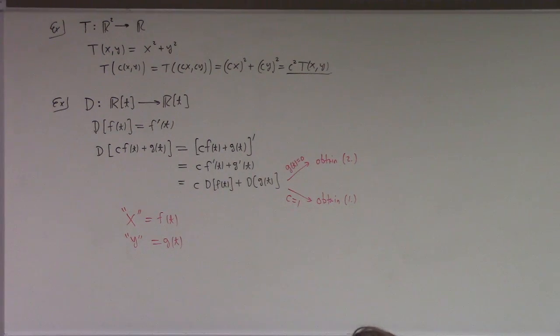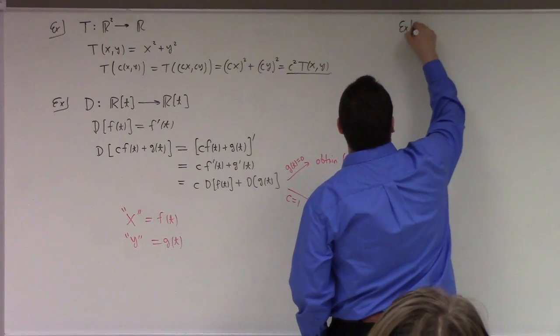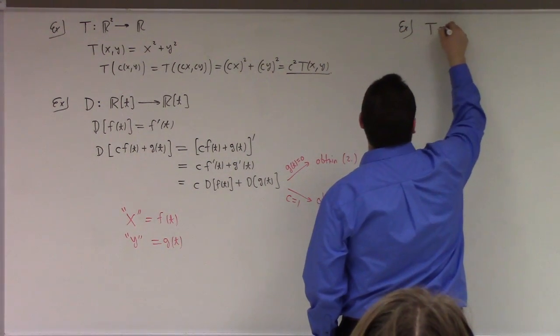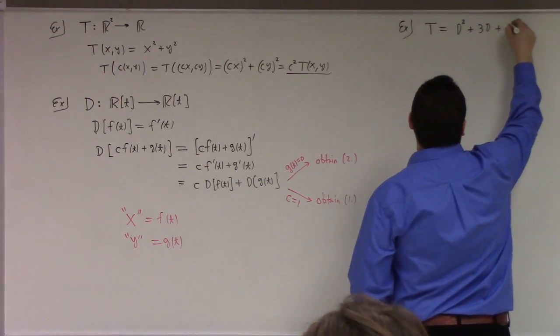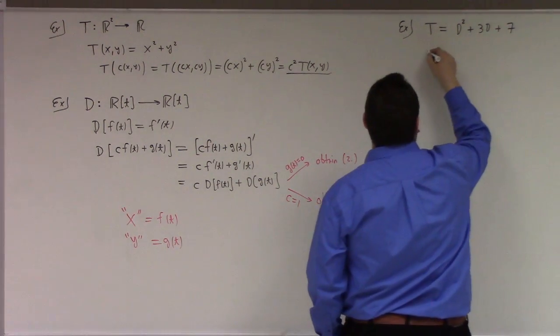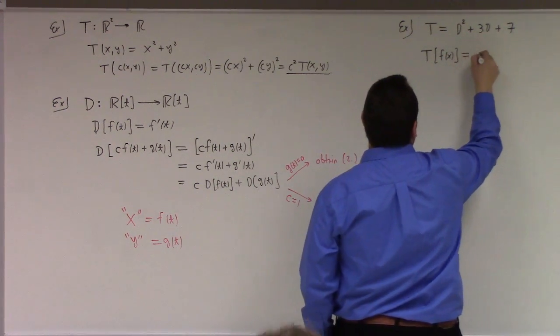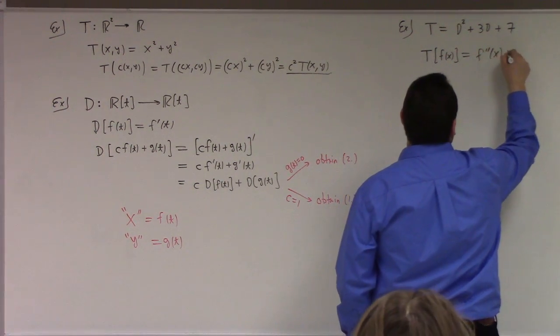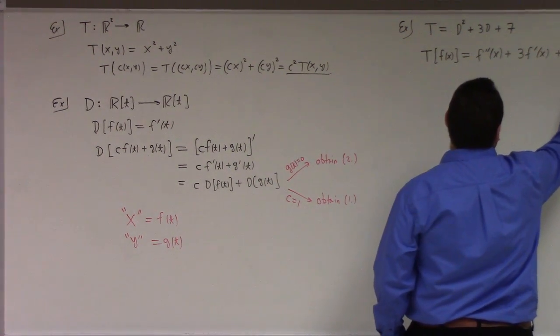And what else could we do? I mean, there's other examples. How about this? I won't work this one out, but you could do something like T is equal to D squared plus 3D plus 7, where we're saying T of f of x is equal to f double prime of x plus thrice f prime of x plus 7 times f of x.